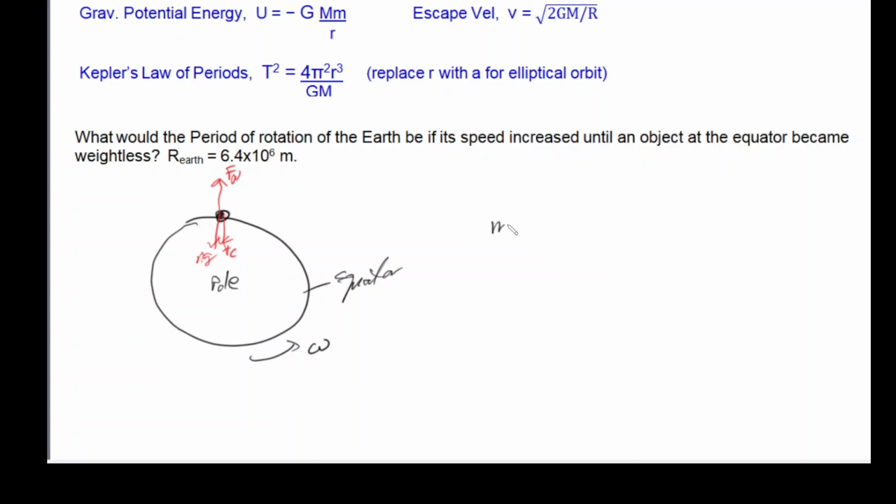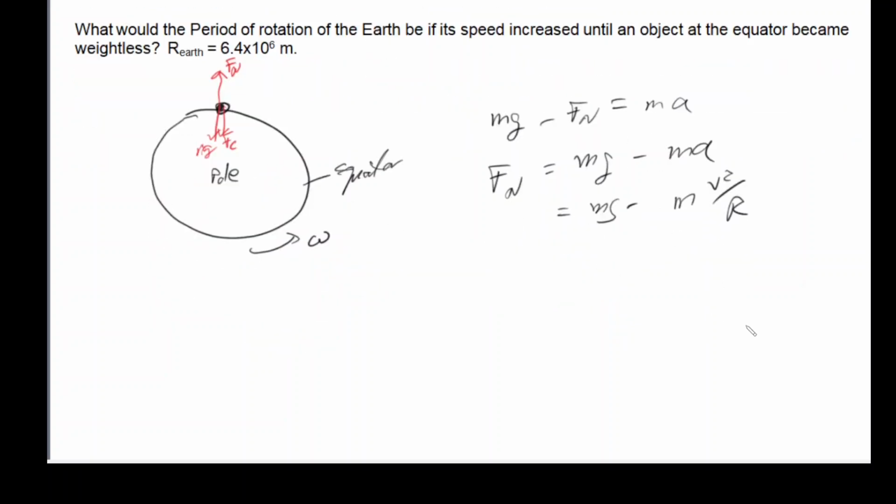We have mg minus normal force is equal to mass times acceleration. Okay, and if we solve for normal force, that's equal to mg minus ma, or mg minus mv squared over r, because that's what the centripetal acceleration is.